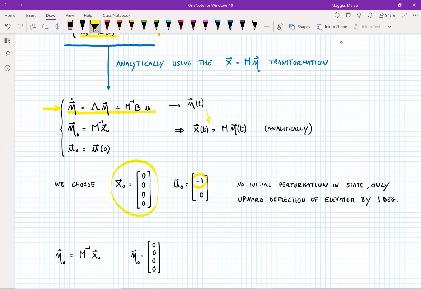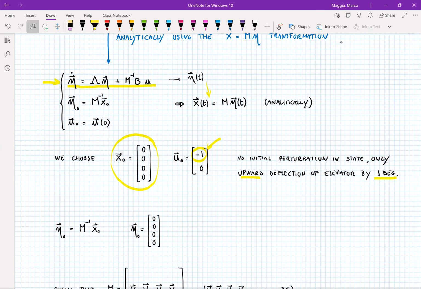If you recall, that is the elevator deflection. So in other words, we are going to deflect the elevators upwards by 1 degree. And why is it degrees and not radians? Well, because if you go back to lecture 35, we defined the states in terms of degrees. So this is also going to be in degrees.